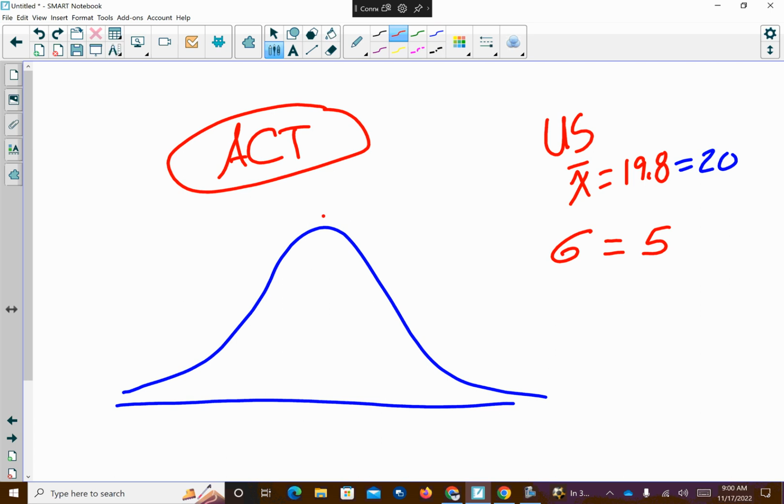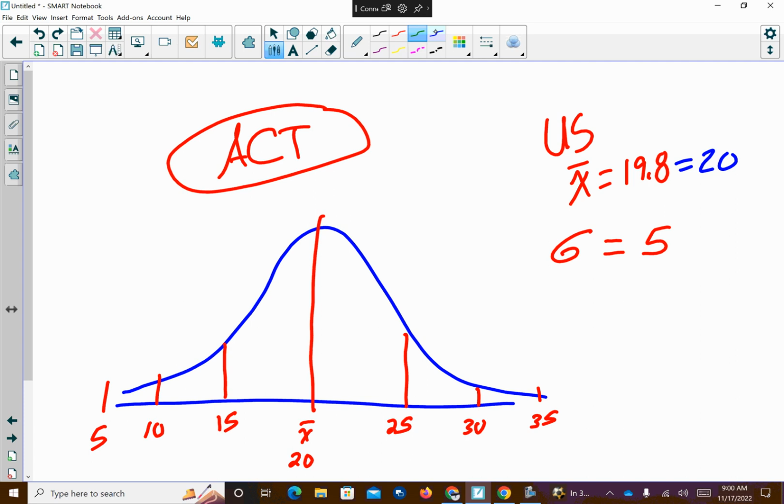So if we were to put this as a normal curve, we would say that this is 20, this is 25, this is 30, and this is 35. And then you have 15, 10, and 5.